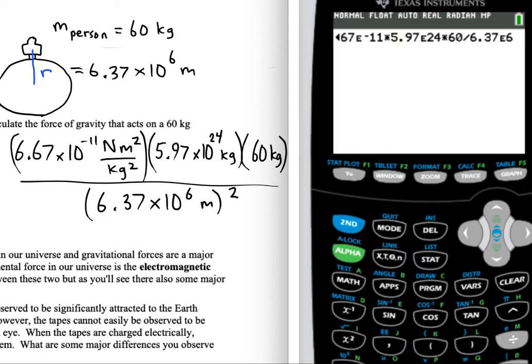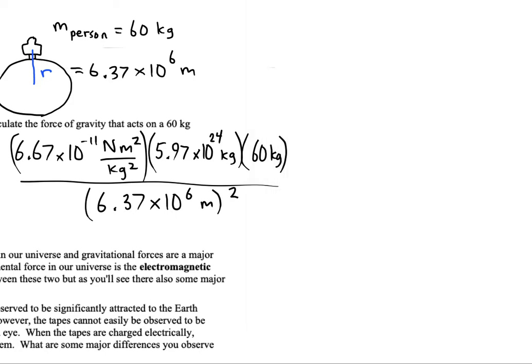And then we don't even need parentheses here. We can just square that. It won't just square the 6; it's going to treat the whole denominator quantity as one number and square the whole thing, which is great. Now we're looking for something around 600 newtons. Okay, that's good. 589 newtons.